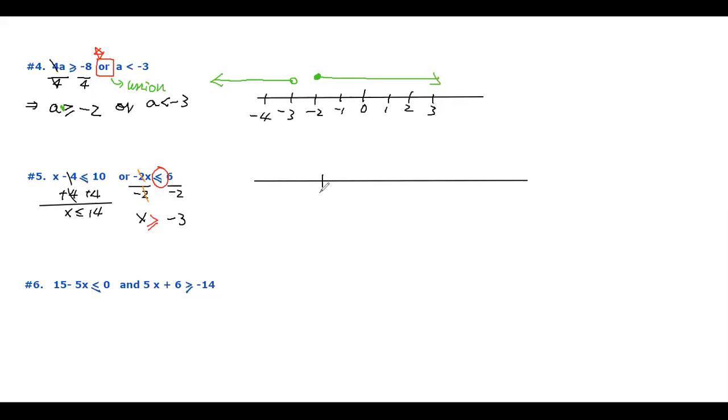So this is 0, this is 1, -1, -2, -3. So it's x is less than or equal to 14 or x is greater than or equal to -3 here, right? So it's 1, 2, 3, 4, 5, 6, 7, 8, 9, 10, 11, 12.